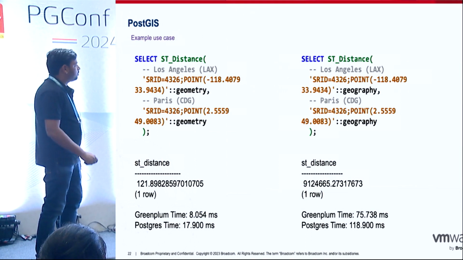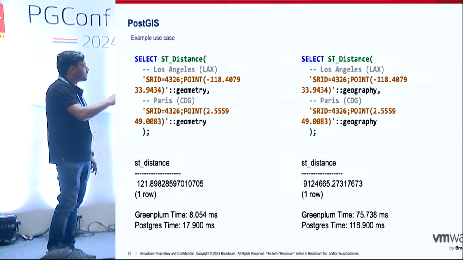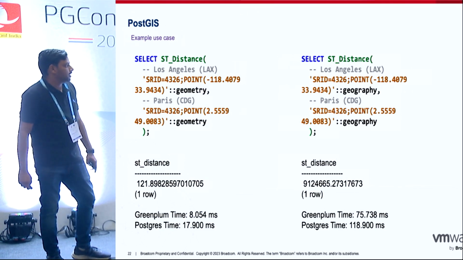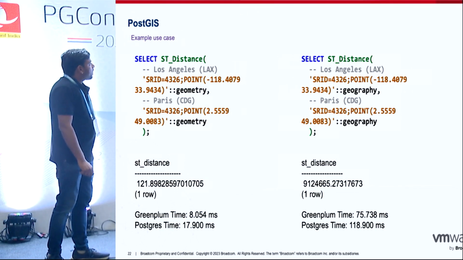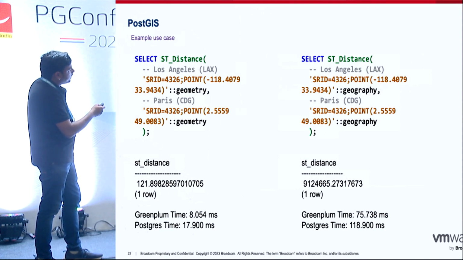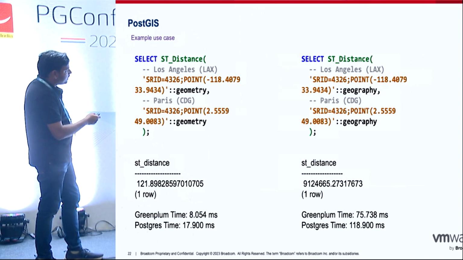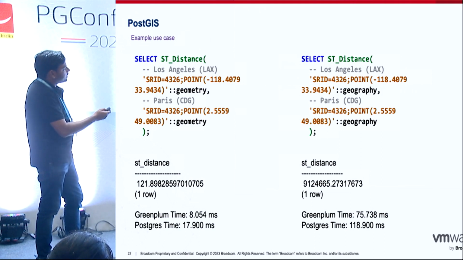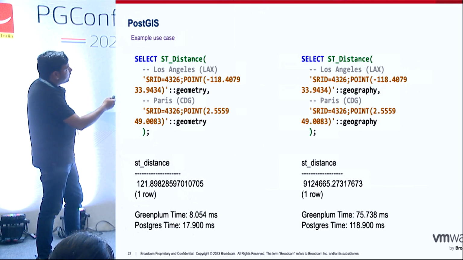Now we walk through some examples. For these queries, I have taken the OSM dataset and the NYC dataset. In the first query on the left side, we are finding the distance in degrees. Basically it gives the direction. ST distance gives the direction between the 2 points, and we have the SRID associated with the point Los Angeles and the SRID with the point Paris.